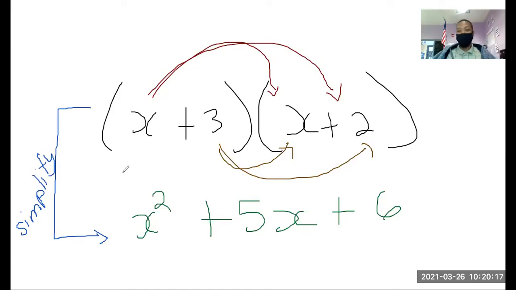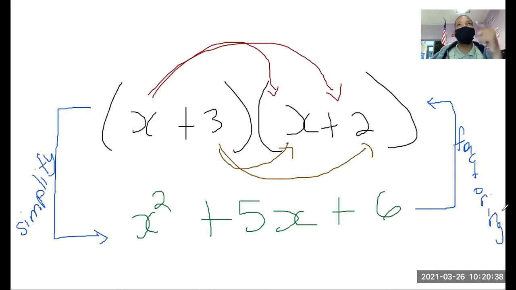That's on the board right now. However, if I'm going from this to this right here, that is called factoring. See, it's the same thing. It's just the reverse.